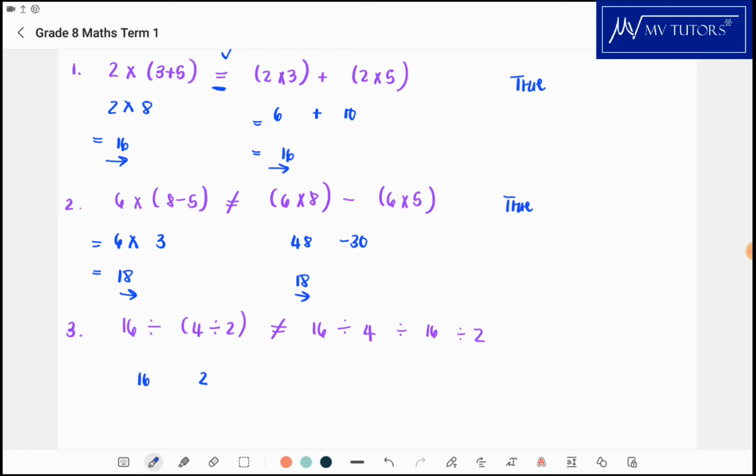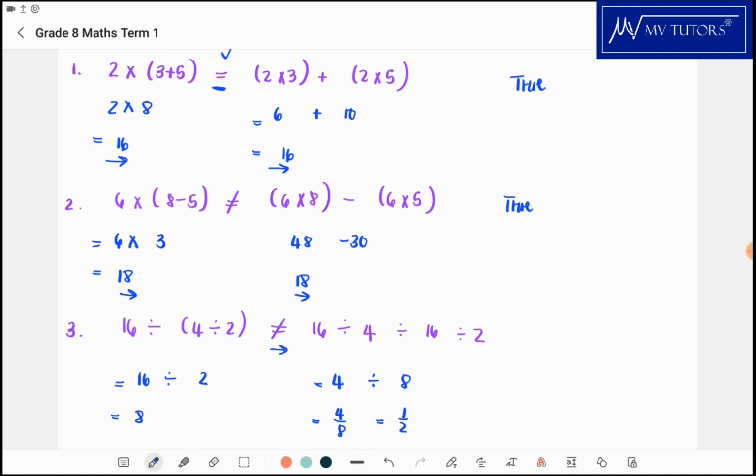So now we have 16 divided by 2, and that is 8. Now we have 16 divided by 4, which is 4, and 16 divided by 2, which is 8. And what is 4 divided by 8? We can rewrite it as a fraction, and if we simplify it, that is simply a half. So 8 and a half are not equal.